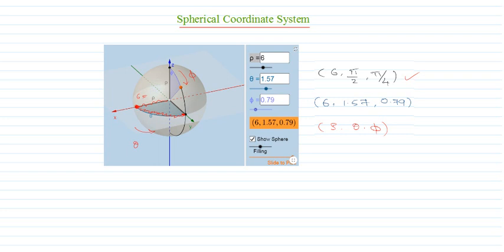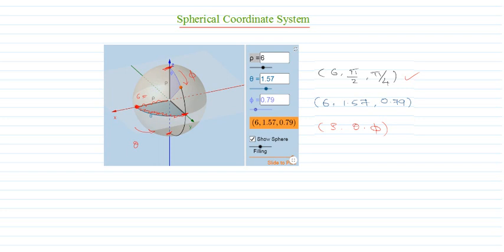Once I do this, from this point we have to draw an arc which is crossing through this point. Keeping this as a radius, we have to draw an arc between this point and this point, which is intersecting the z-axis here.